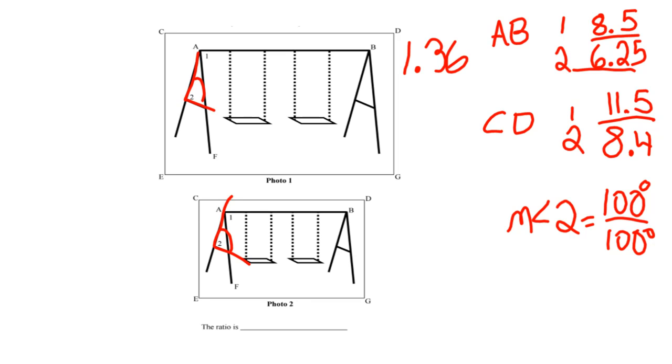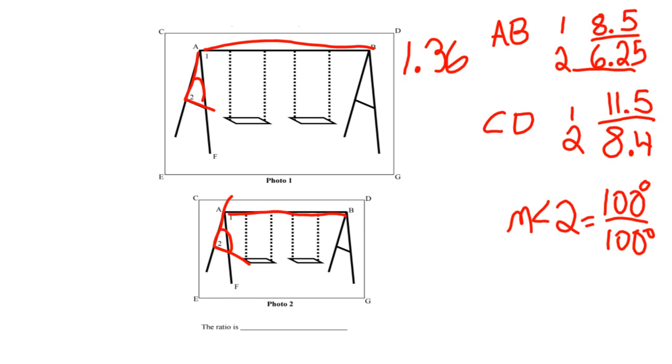That means in order to get line AB in photo 2 from line AB in photo 1, I've got to divide by a factor of 1.36. Now a good way to check my measurement here with a dilation, remember our factor should be the same, so that CD factor should be about 1.36.